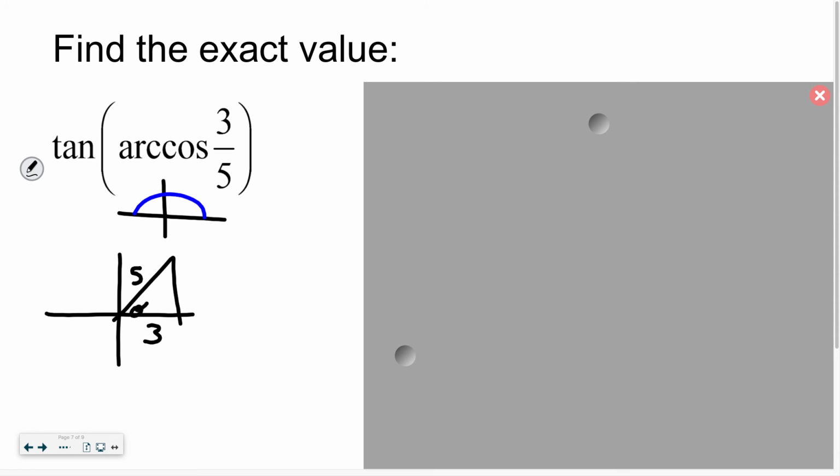Right? 3, radius is always positive. Could you find the missing side? It is 4. That's a Pythagorean triple, right? When the hypotenuse is 5. And now can you do the tangent of that angle without even knowing what the angle is? Yeah, 4 over 3. Since it's in quadrant 1, all the ratios should end up being positive.